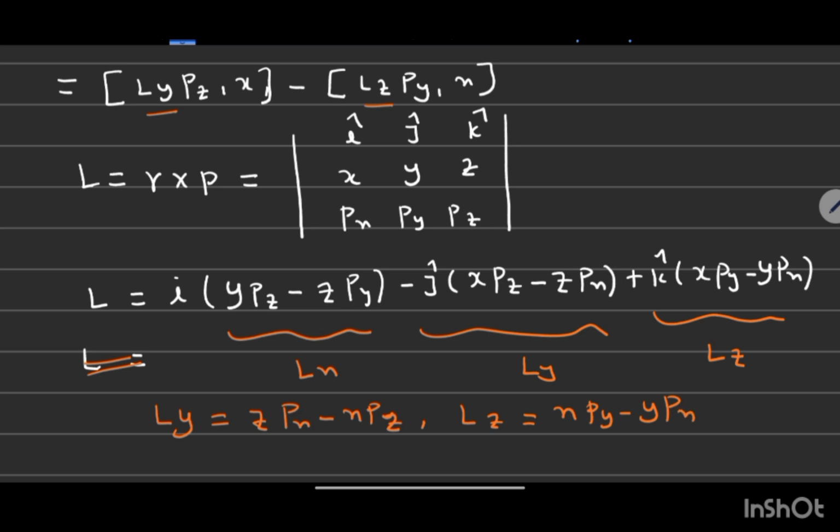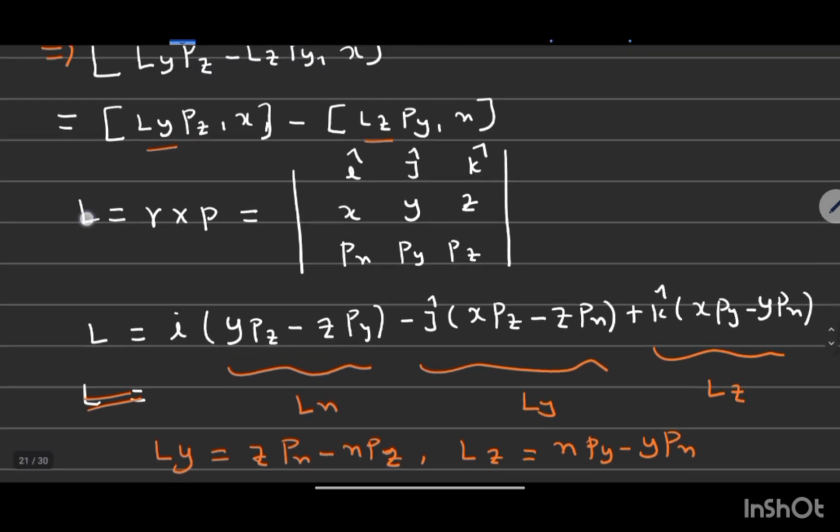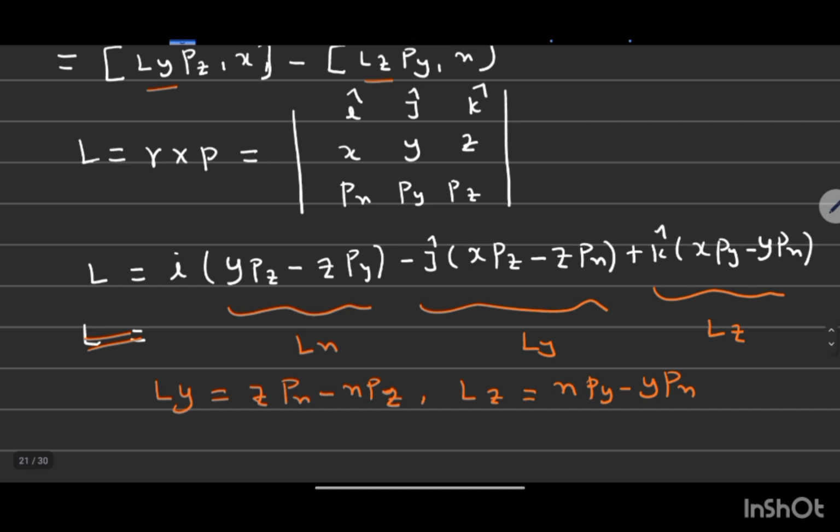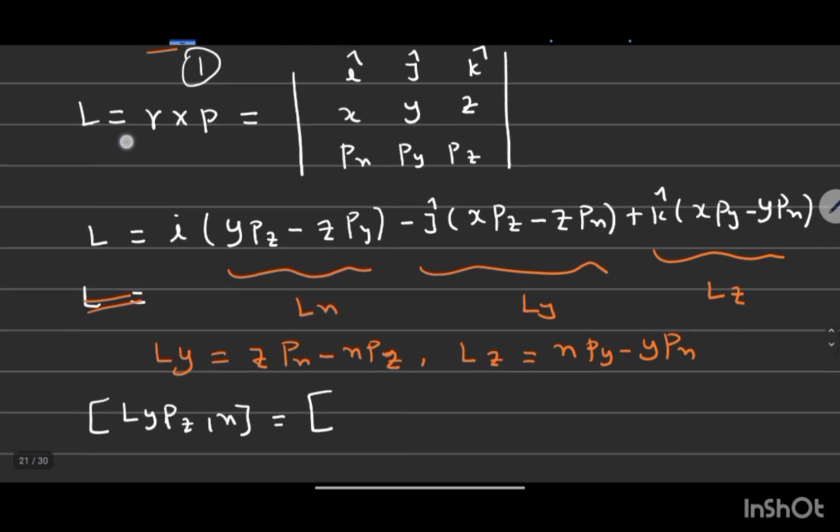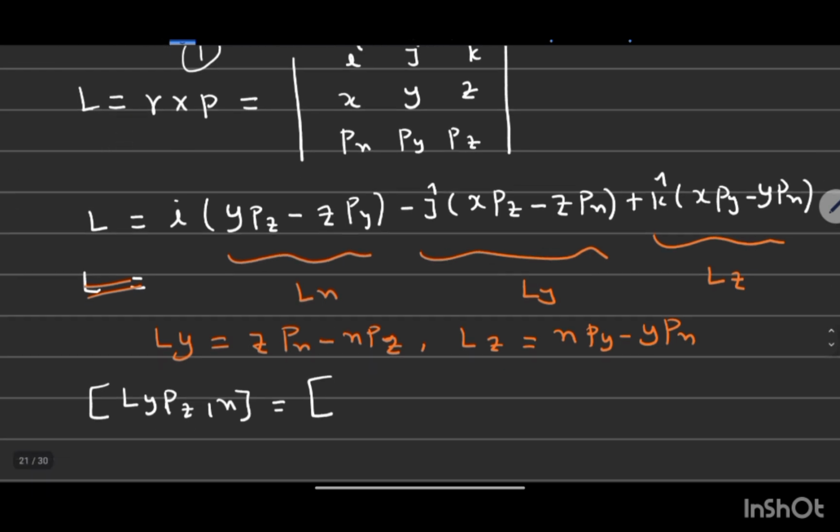So we need the commutation relation, first we will find this: the commutation relation of Ly Pz comma x. We can apply first the distributivity relation.